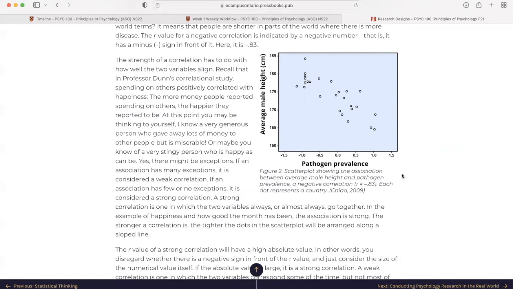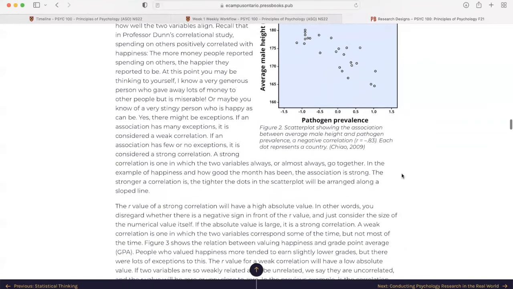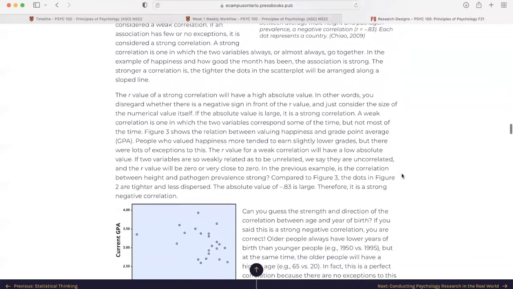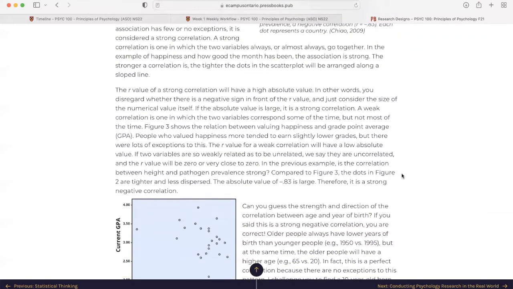The stronger the correlation is, the tighter the dots in the scatter plot will be arranged along a sloped line. The R value of a strong correlation will have a high absolute value. In other words, you disregard whether there is a negative sign in front of the R value and just consider the size of the numerical value itself. If the absolute value is large, it is a strong correlation.